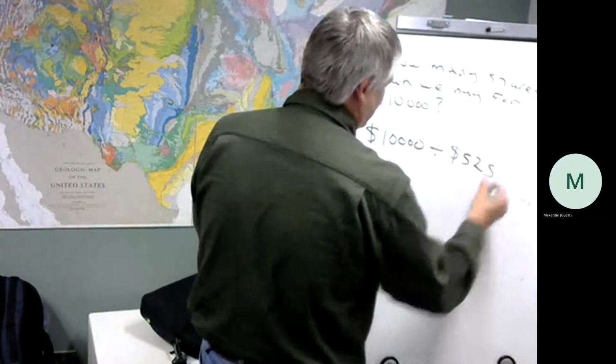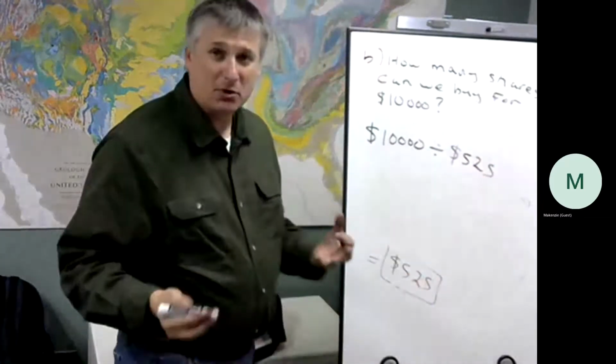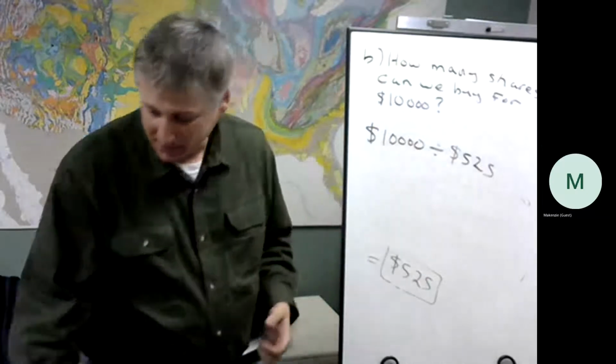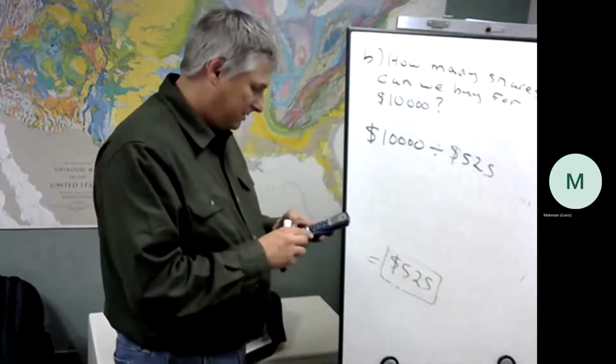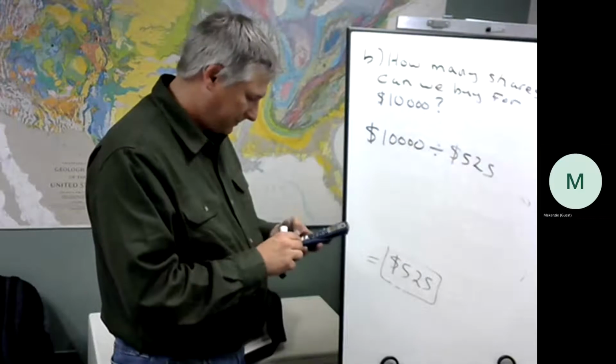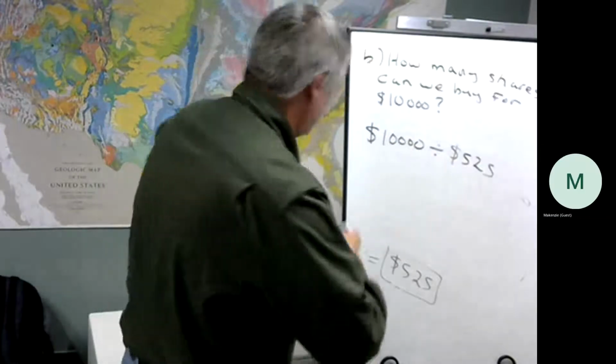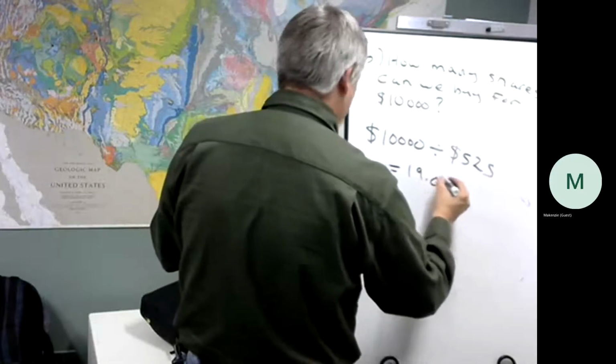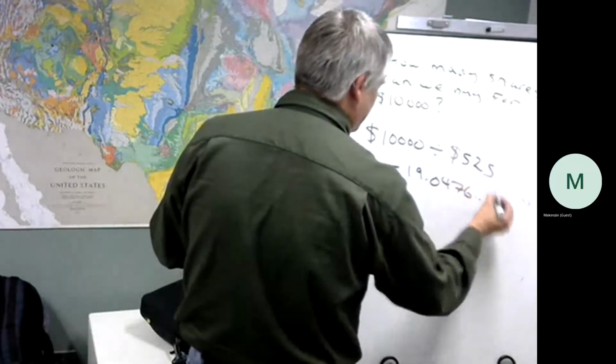So we're calculating the average value of a share in a mutual fund, and then we're going to invest $10,000 into that mutual fund. If we do the division, we get 19.0476 and some other digits.